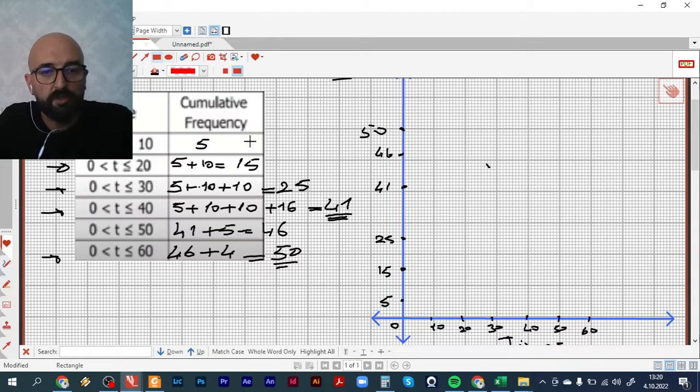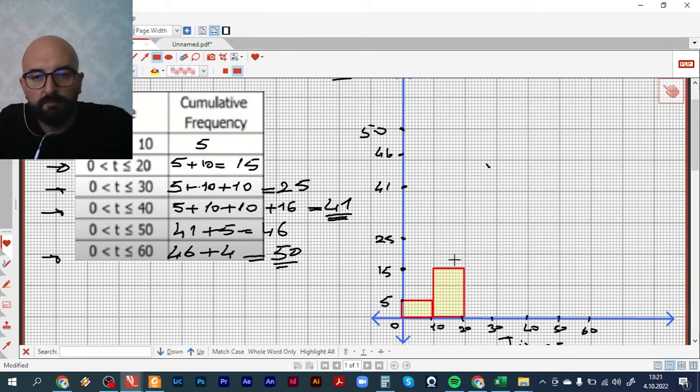If we want to draw our columns, the first column is between 0 and 10. The second column is between 10 and 20.